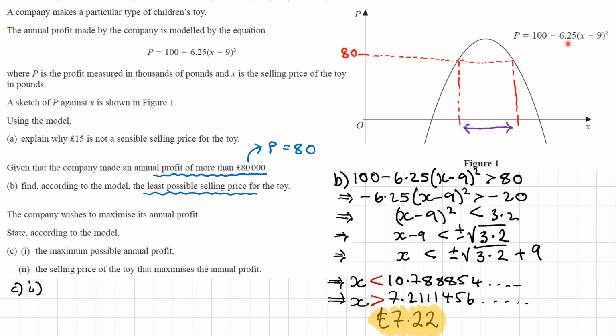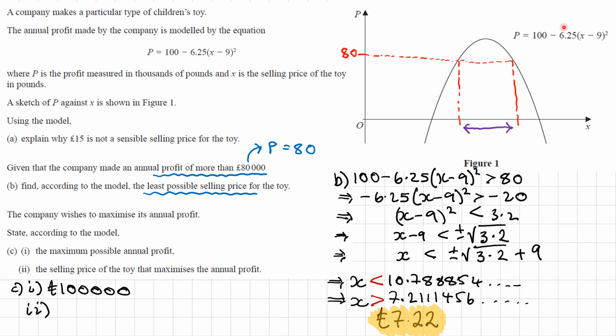So you can't get any higher than 100. We'll never be subtracting a negative. This part here is always going to be positive, so it can never get any bigger than 100. It can get smaller than 100. So the maximum profit, even though it says P is 100, remember that stands for £100,000.